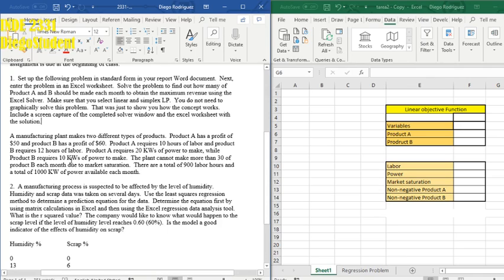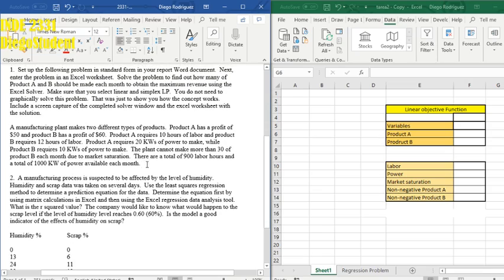Alright, so this is an example or an exercise for Indy 2331, and I'm gonna do this example first in this video, and then the second one. So let's do it.